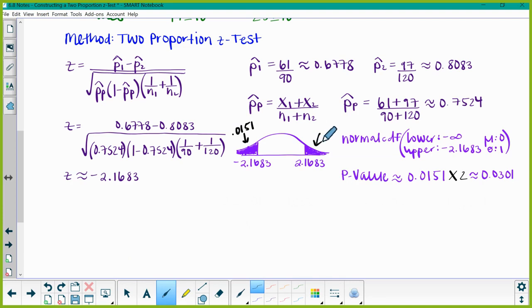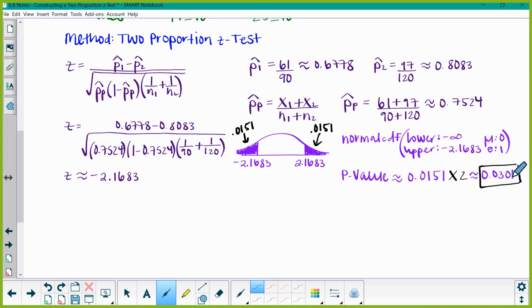But because they are the same cutoff value, that means the upper tail is also 0.0151. So all I have to do is multiply that by 2, which gives me an approximate p-value of 0.0301. Lots of algebra in a two proportion z-test, a lot more than the one proportion one.